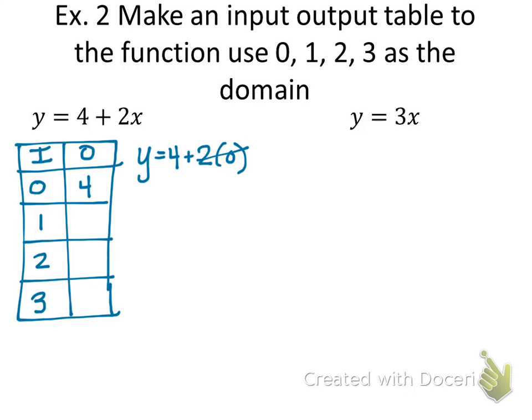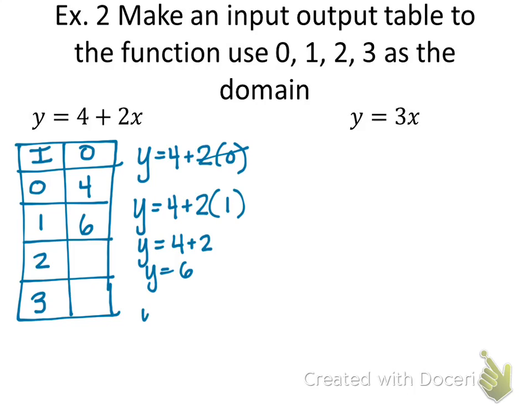So I plug that in as my output because y is the output, remember? Okay, let's do the next one. Y equals 4 plus 2, and this time I'm plugging in 1 as my input. 2 times 1 is 2. 4 plus 2 is 6. So I know for the input of 1, I have an output of 6. Okay? All right, let's do the next one.